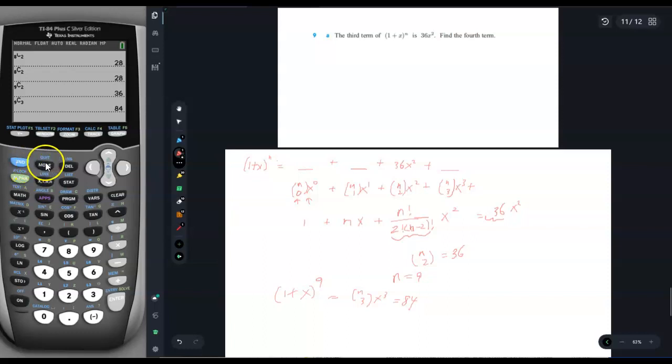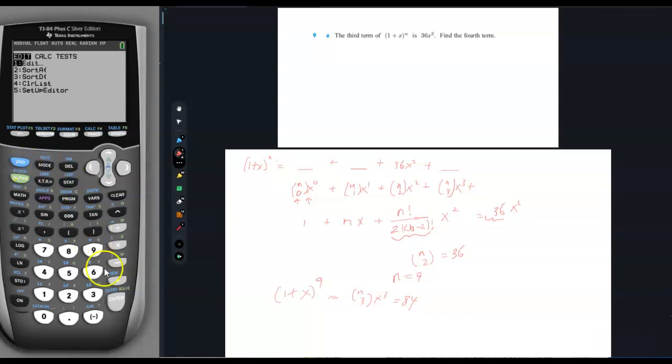Another way you could do this is you could put a bunch of numbers here, 3, 4, in stat edit. Now you don't know how to use stat edit that much yet, but you will by the time you get to the IB exam. So you could put a whole bunch of numbers here. Okay, and then you could go up and do them all at the same time.